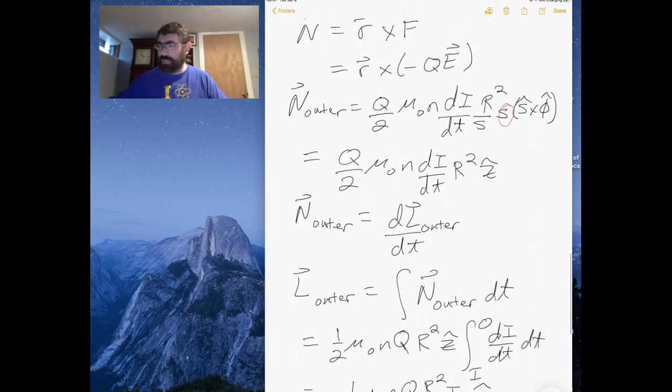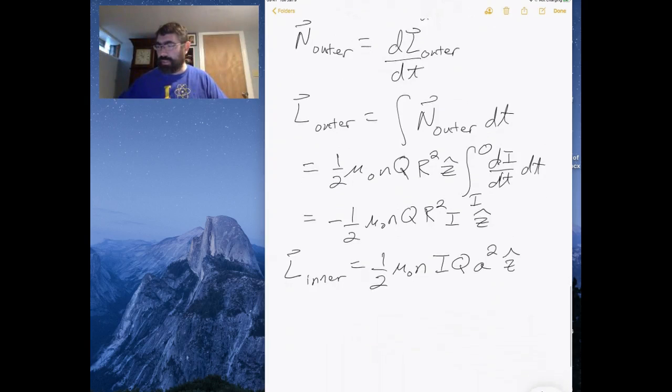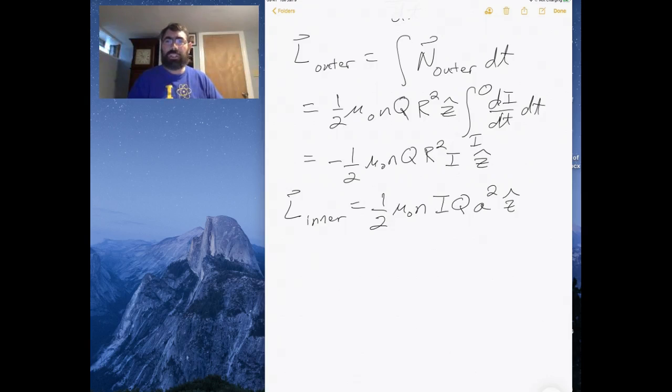And so in the end, what you would find is you would get this right here for the inner momentum. So taken all together, the angular momentum that you're getting from these electric and magnetic fields is the angular momentum for the outer plus the angular momentum for the inner cylinders.